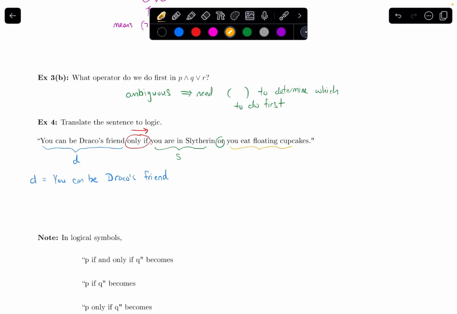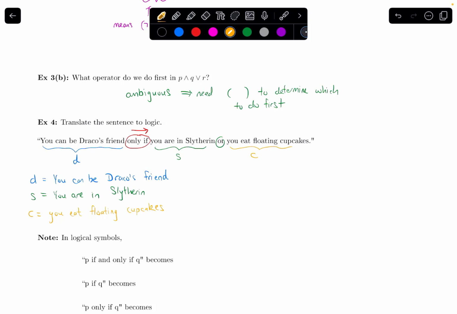So maybe I'll call that C. So I'm going to indicate that S is the proposition you are in Slytherin, and then C is going to be the proposition you eat floating cupcakes.